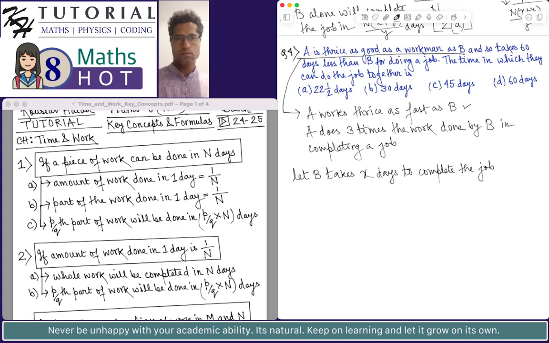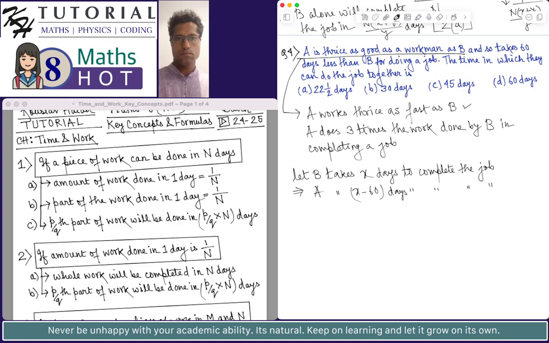It is given that A takes 60 days less than B. So this implies that A takes X minus 60 days to complete the same job.